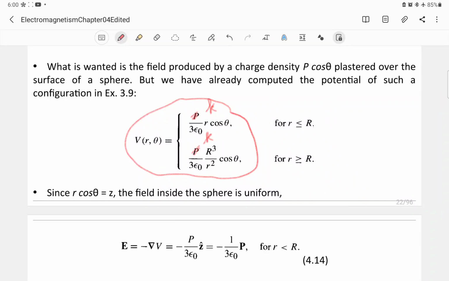Since r cosine theta is z, the field inside the sphere is uniform. Outside, it matters because of the distance of the point from the center of the sphere.